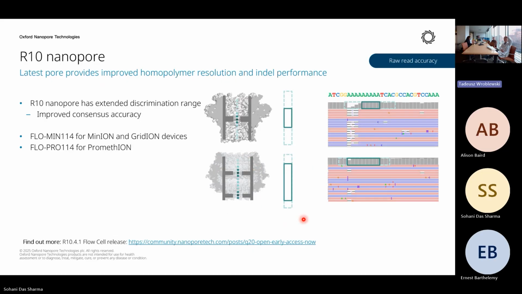And the way the base calling happens, as well as the trained model, is different now. We have more information, so because of the combination of these two factors, the raw read accuracy improved a lot in the past year.